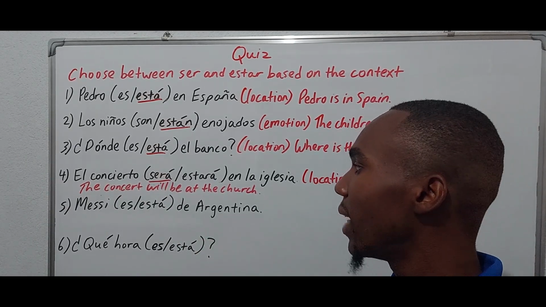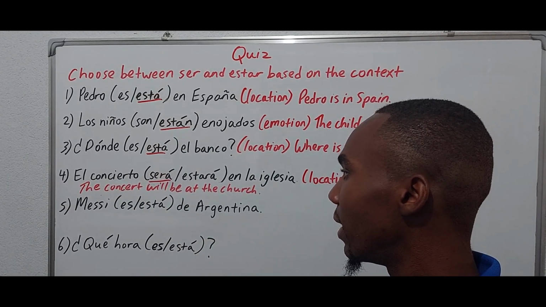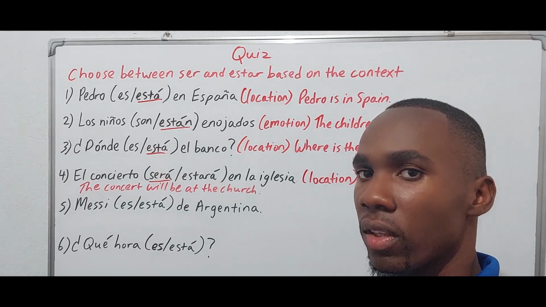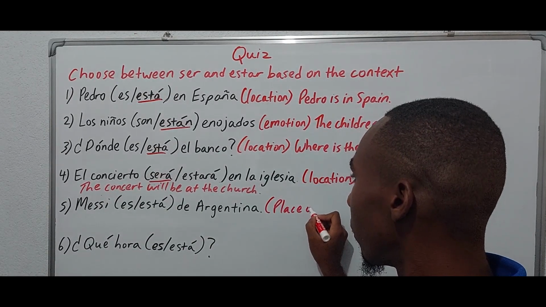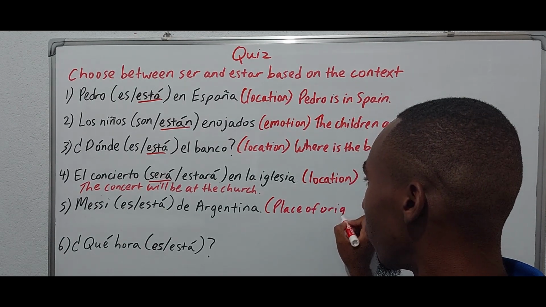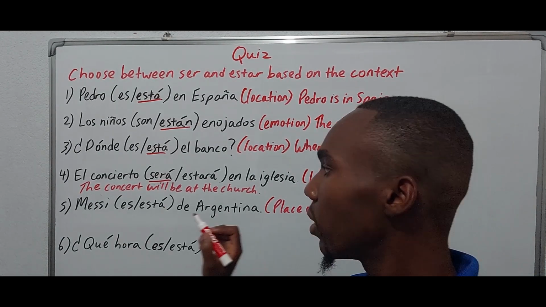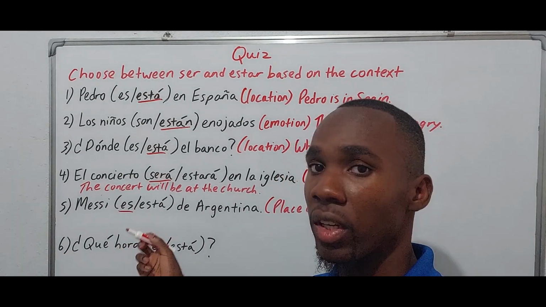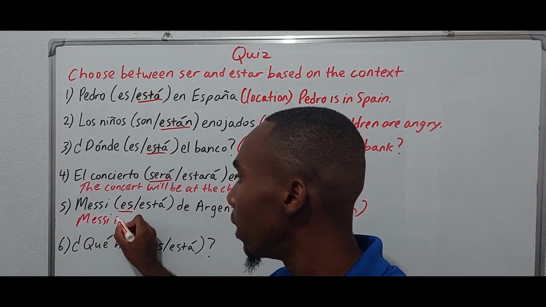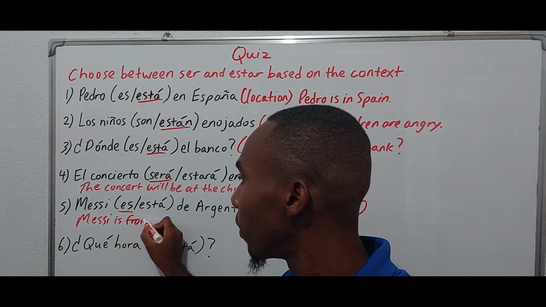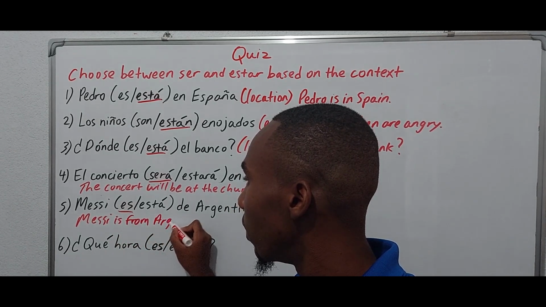5, Messi es o está de Argentina. What's the theme? Place of origin. Therefore, we use es because we use ser. So Messi is from Argentina.